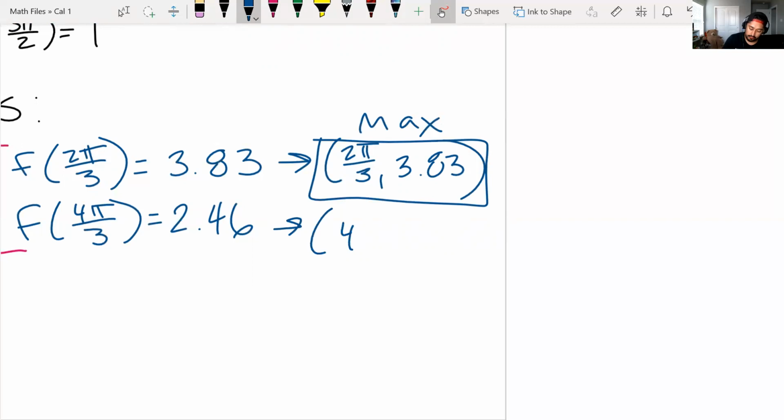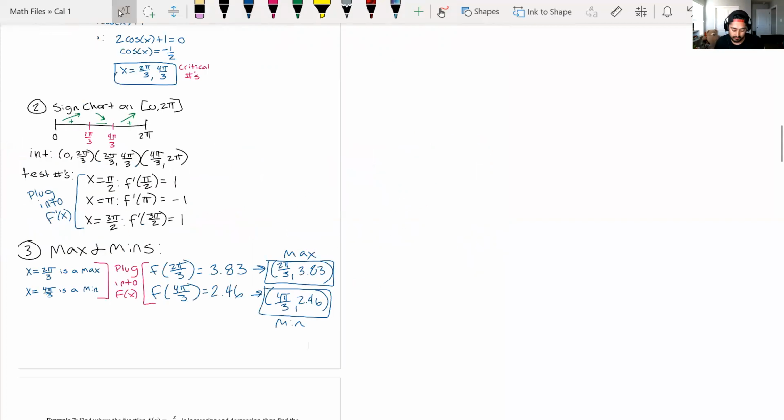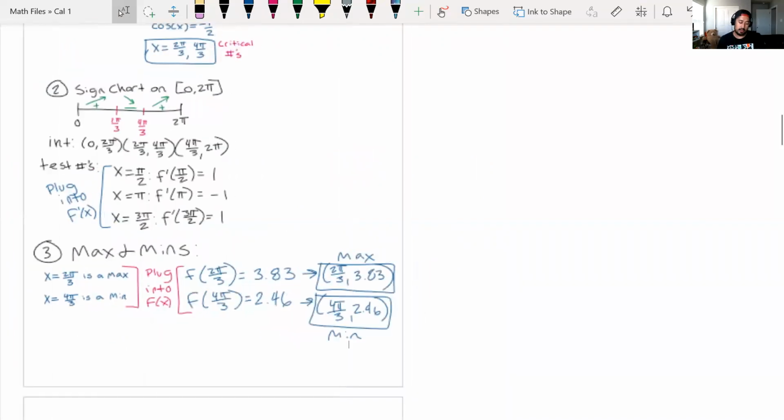And 4 pi over 3 and 2.46 is my min. There it is. Not bad. Okay, especially with trig functions, right? Yay, fun.